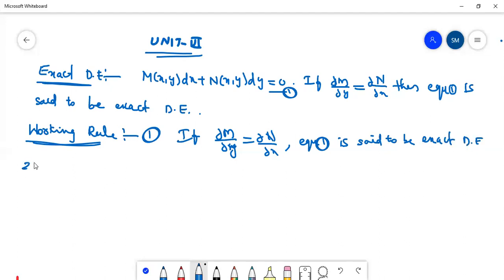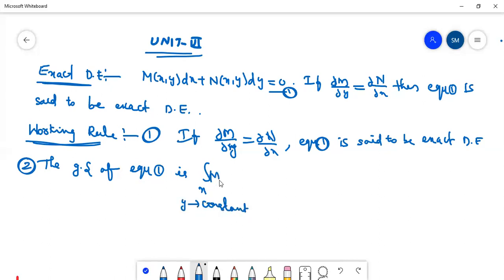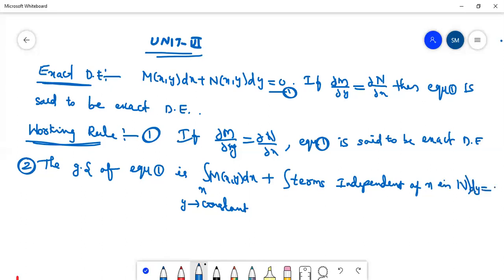And step 2 is we directly go to the general solution. The general solution of the given exact differential equation is integral over x, that is, treating y as a constant, M of x comma y dx plus integral of the terms independent of x in capital N into dy is equal to c.